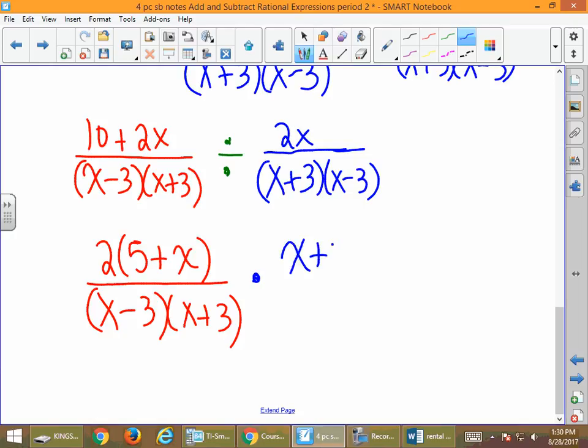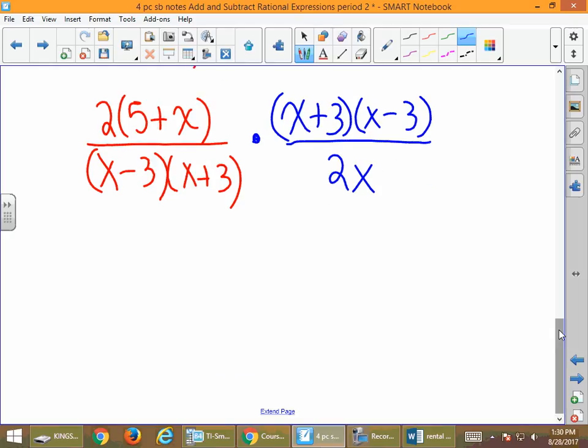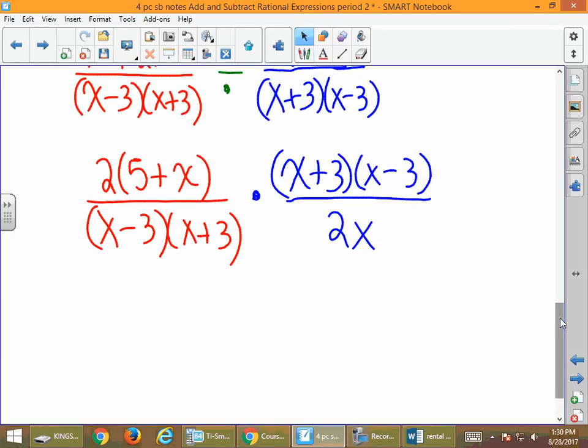So we're flipping the second fraction and multiplying. Then we ask ourselves, do we have anything exactly the same on the top and on the bottom? Well, we have an x plus 3 on the top and the bottom, and not much else.